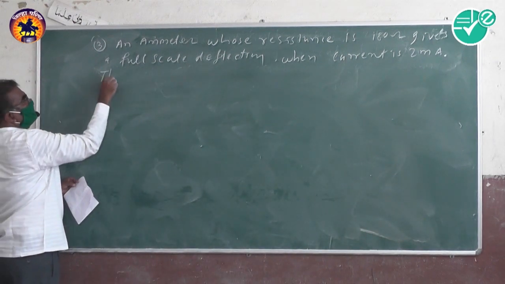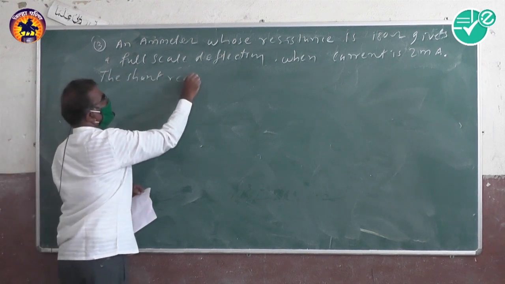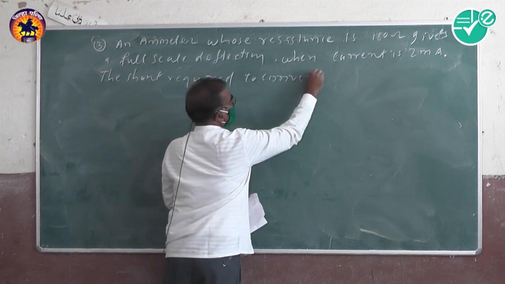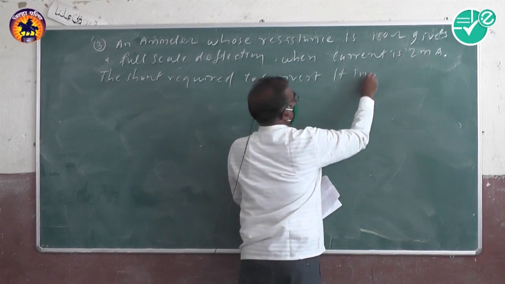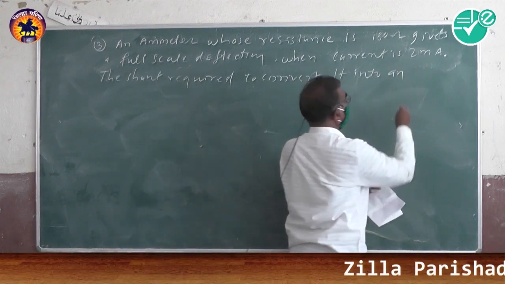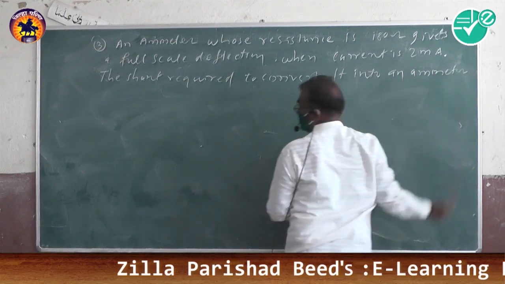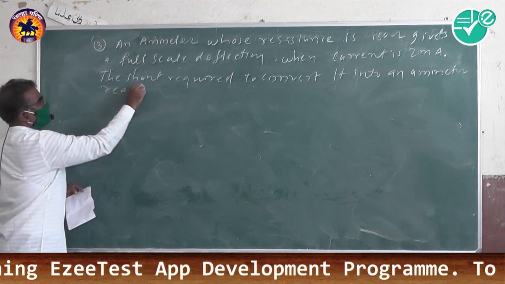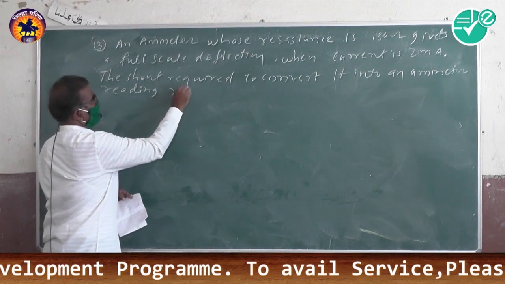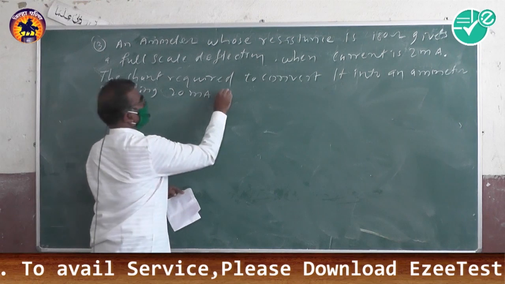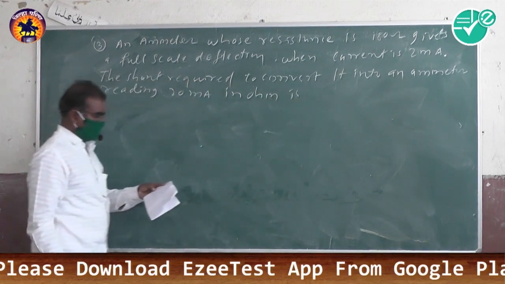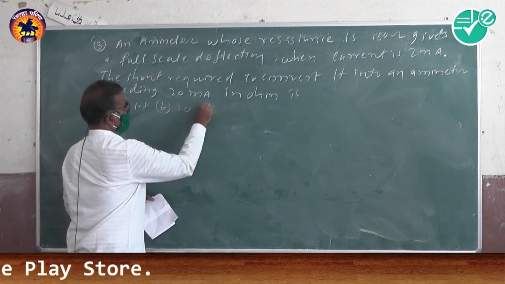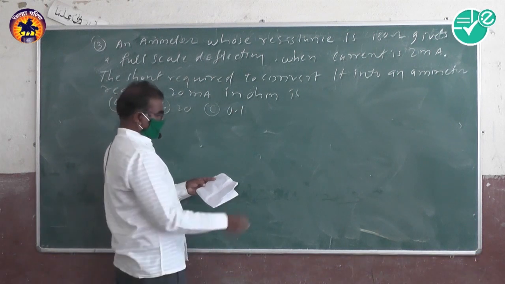The shunt required to convert it into an ammeter reading 20 milliampere, in ohm, is: multiple choice A 1.8, B 20, C 0.1, D 10.